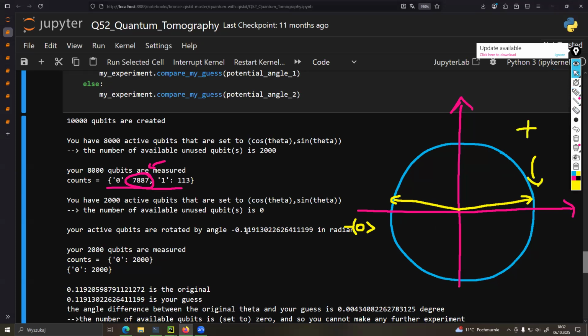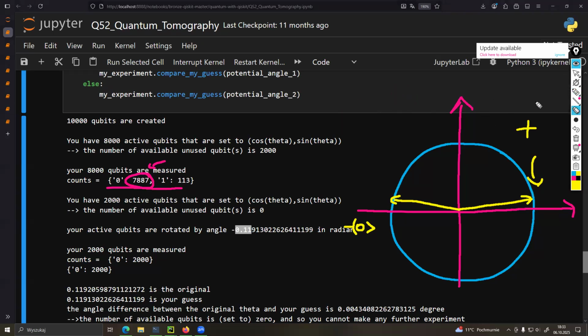So what do I do? I apply a rotation that is in reverse, clockwise. Because notice that when we apply the R5 gate, it is a counterclockwise rotation, and I apply a clockwise rotation. So I apply the reverse of what the library does.